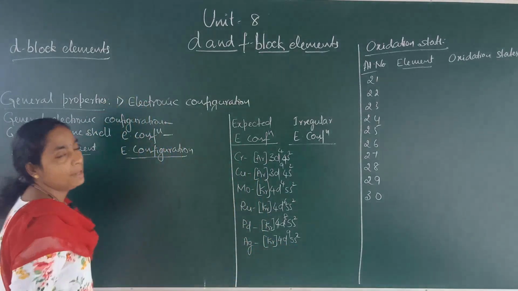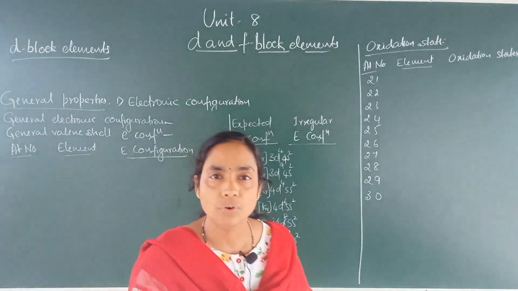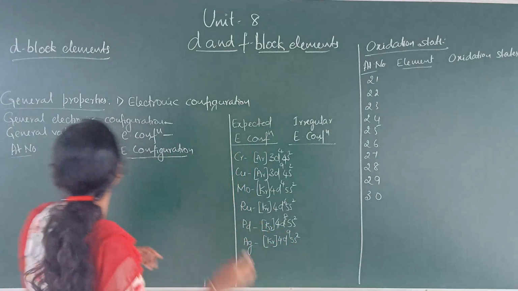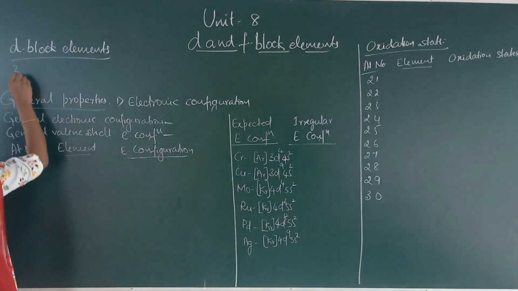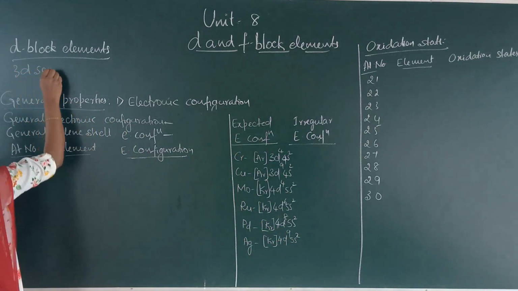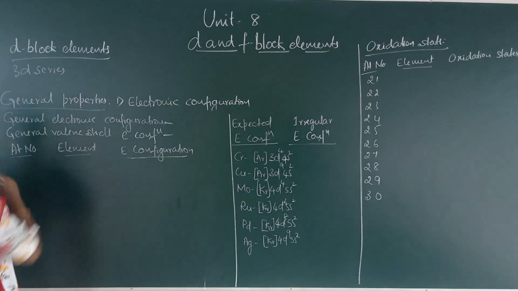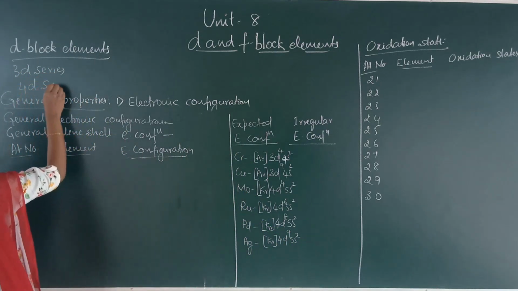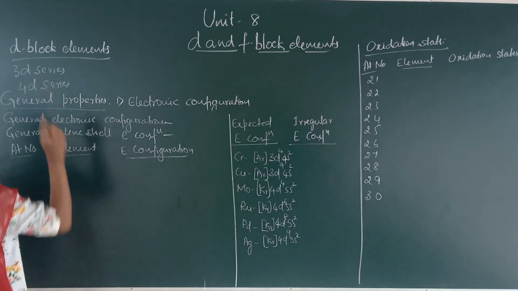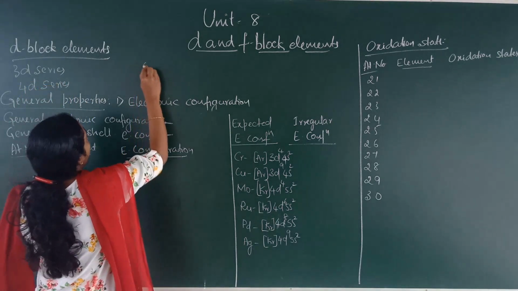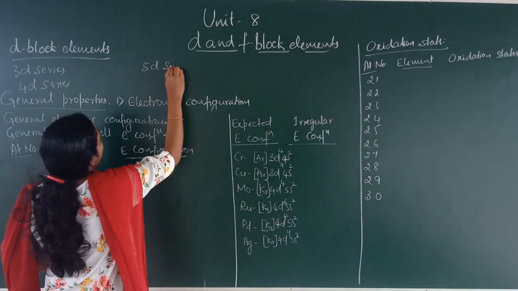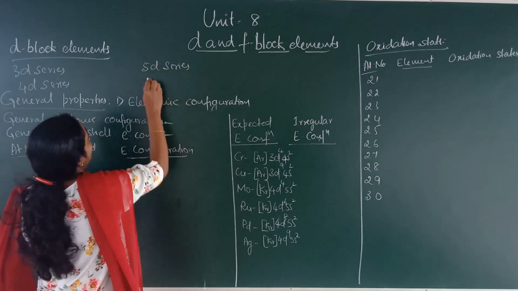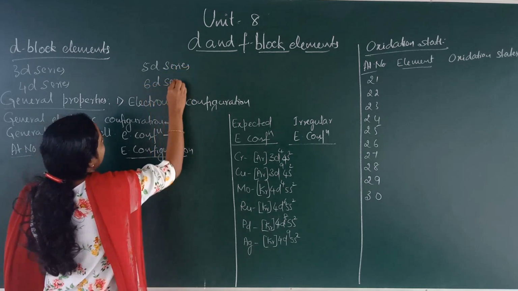Now these elements are classified into 4 series of elements: 3D series elements, 4D series elements, 5D series elements and 6D series elements.